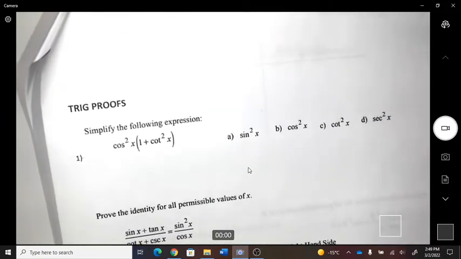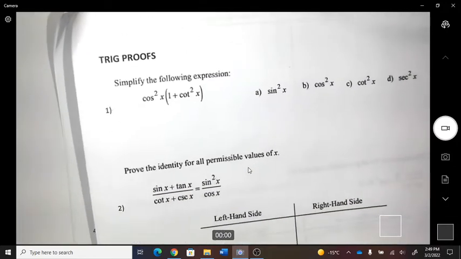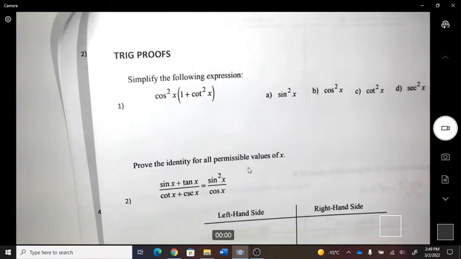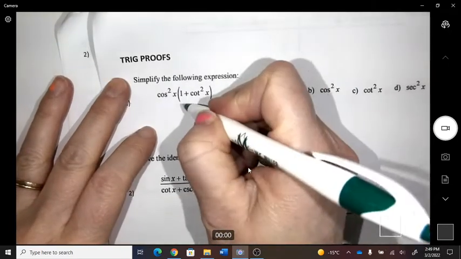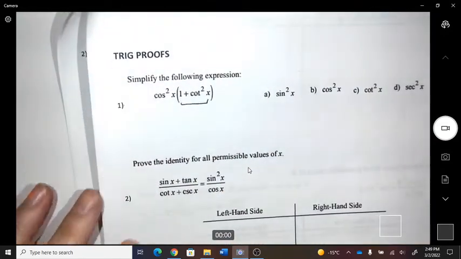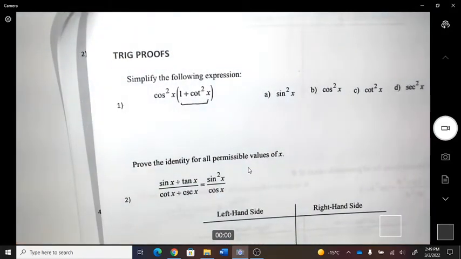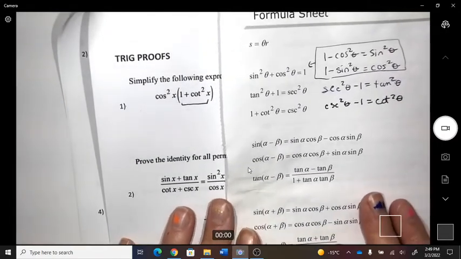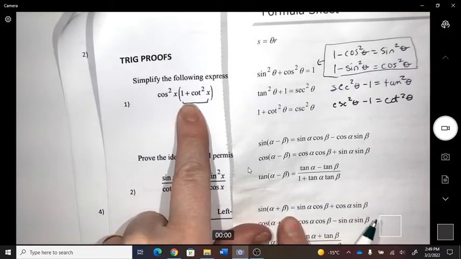Okay, number one is just simplify this expression. 1 plus cotangent squared. Can you look on your sheet? Can you make any replacements with that?